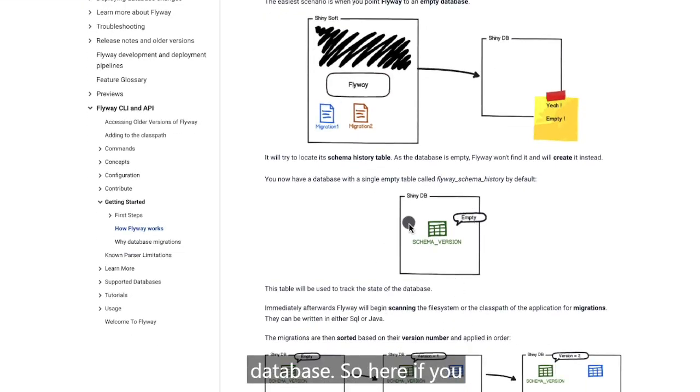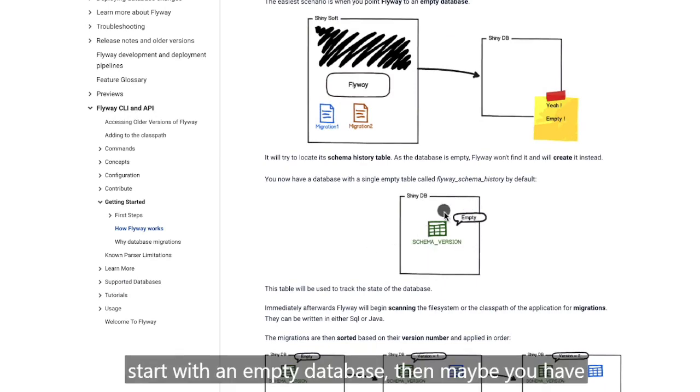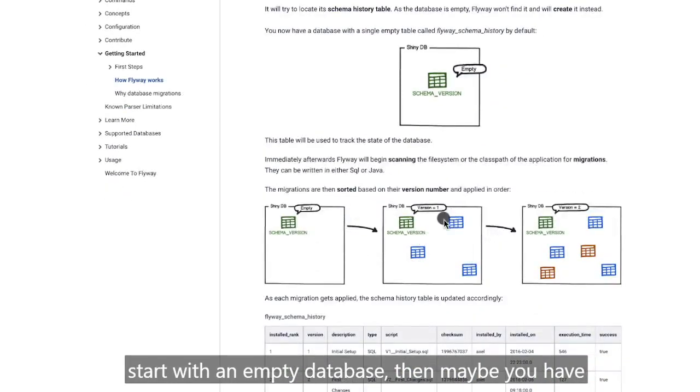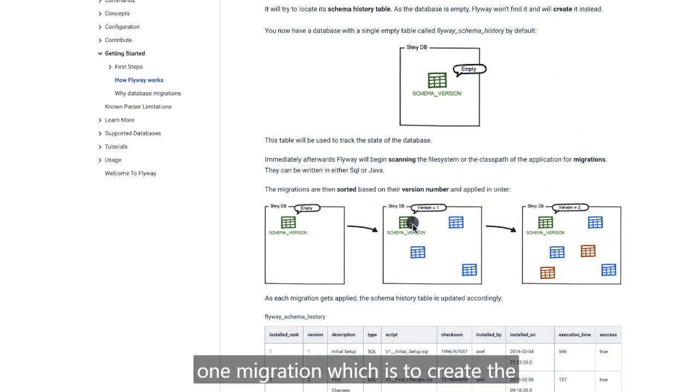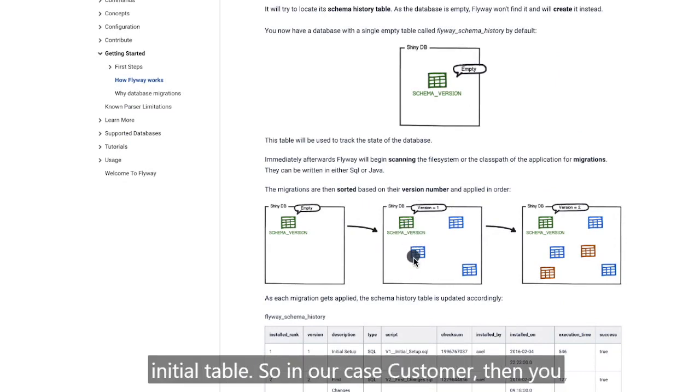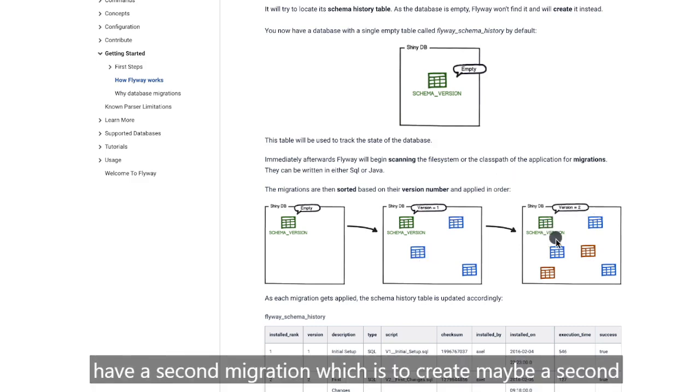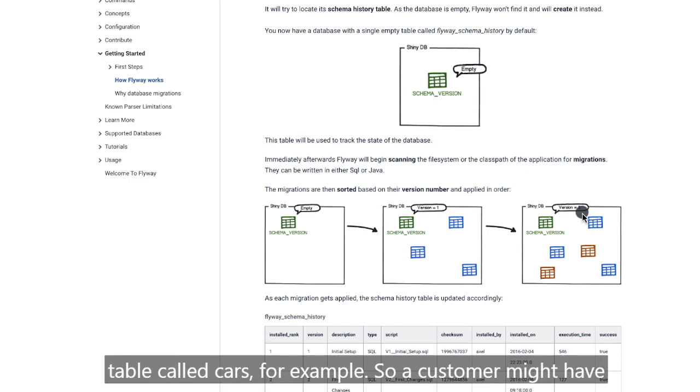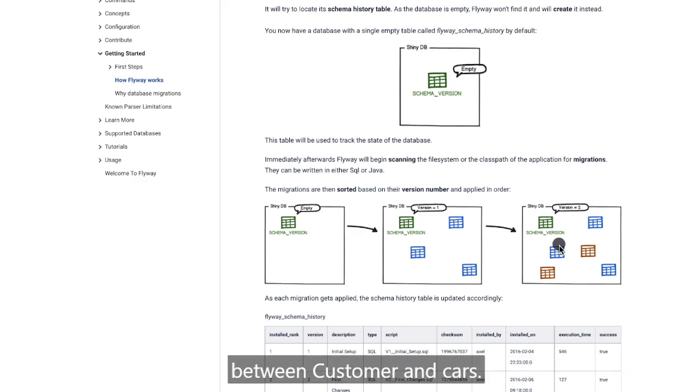So here, if you start with an empty database, then maybe you have one migration, which is to create the initial table. So in our case, customer. Then you have a second migration, which is to create maybe a second table called cars, for example. So a customer might have multiple cars. So then you want to have a relationship between customer and cars.